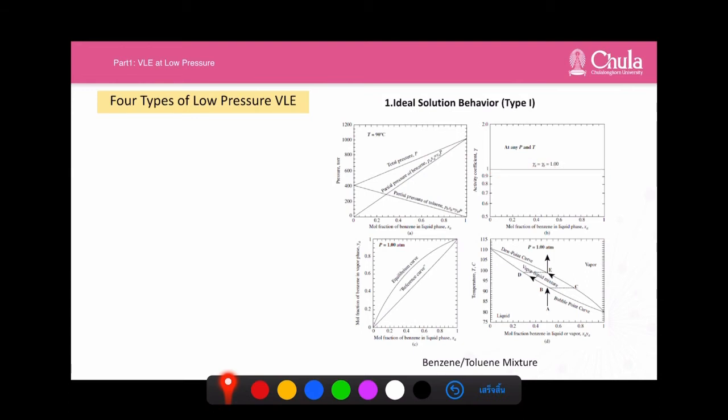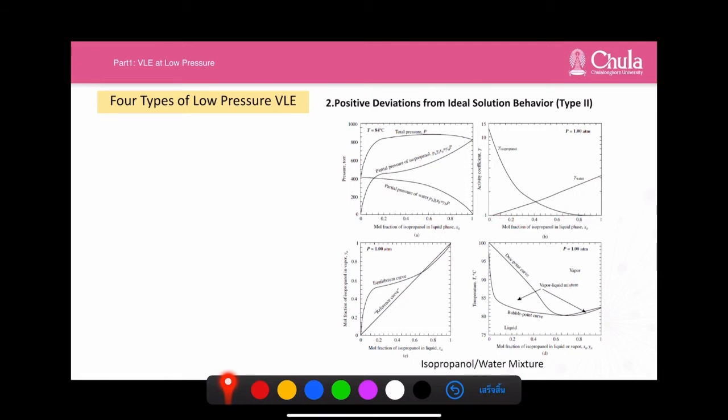In the ideal case, the activity coefficients are 1 for the whole range of composition, but here, for the whole range of composition, the activity coefficients are greater than 1. But of course, for pure component, the activity coefficients are 1, right? So it deviates from 1 to anything greater than 1.